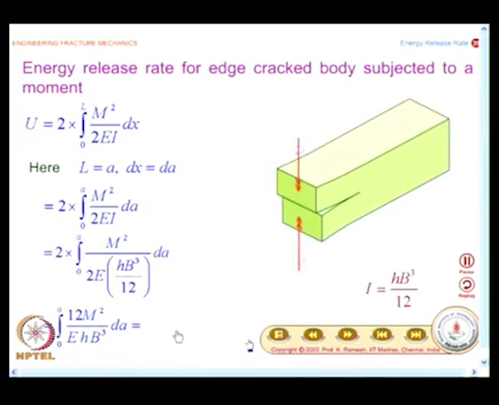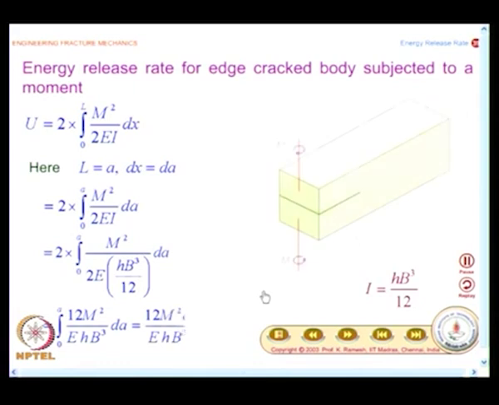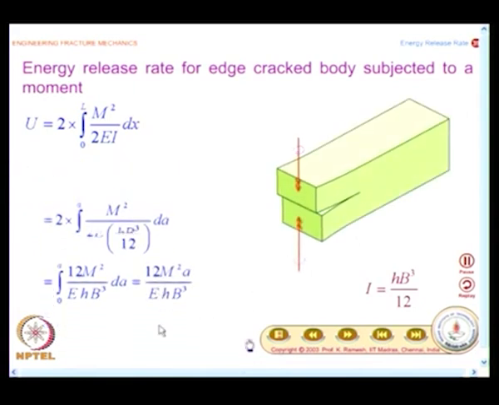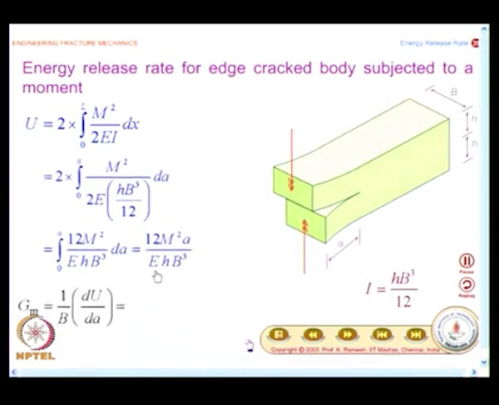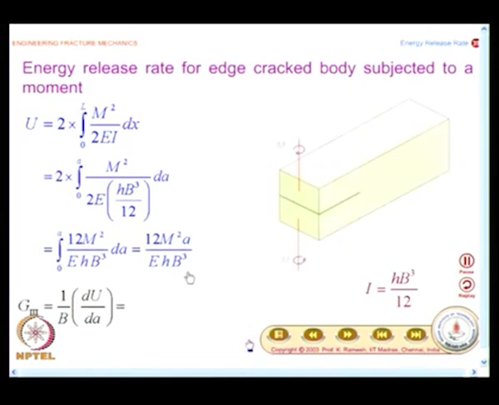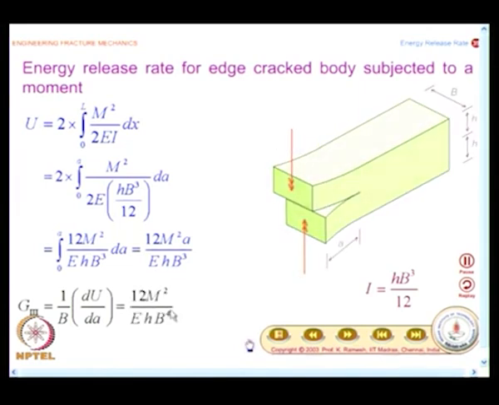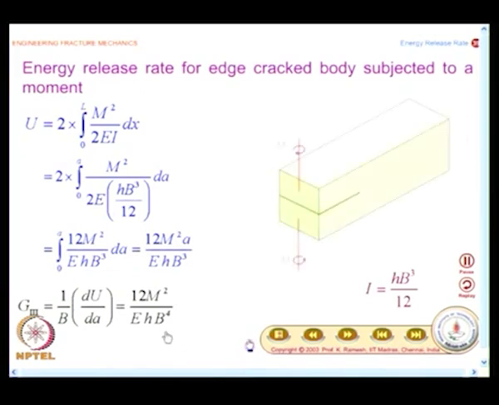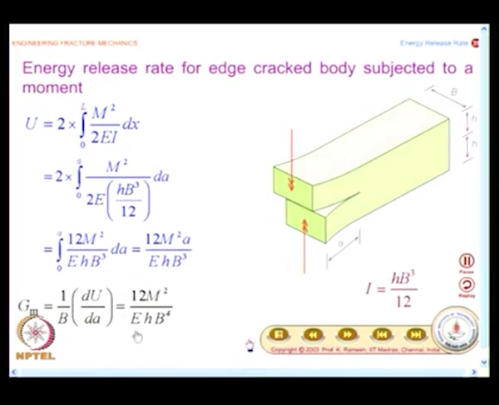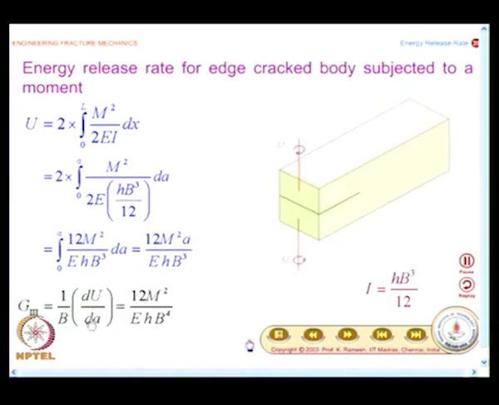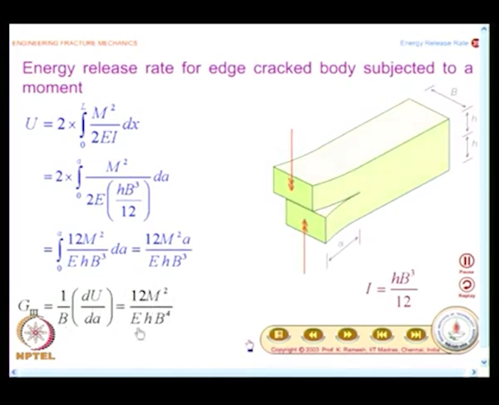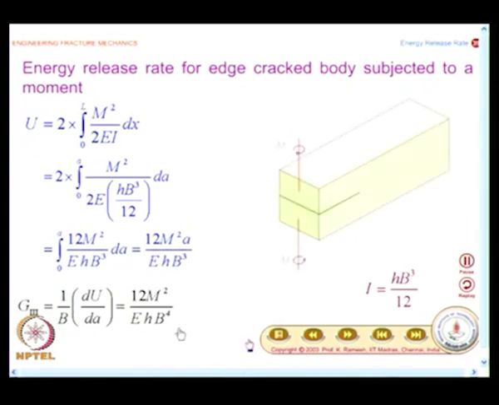You get the final expression, which is 12 M squared a divided by E h b cubed. So for this problem, which is a mode 3 situation, the value of G is given as 1 by B dU by da, which gives you 12 M squared divided by E h b to the power 4.